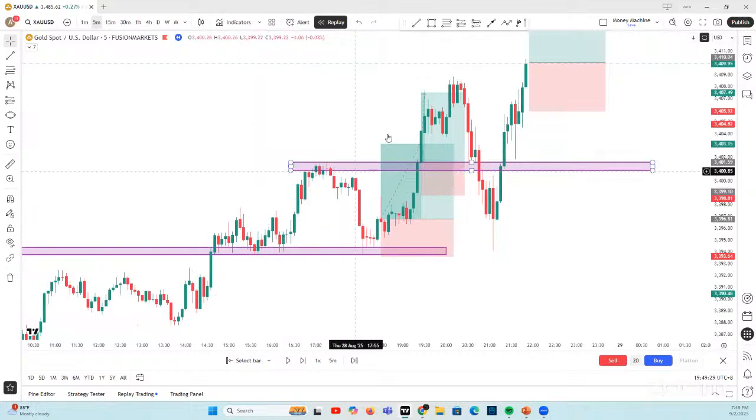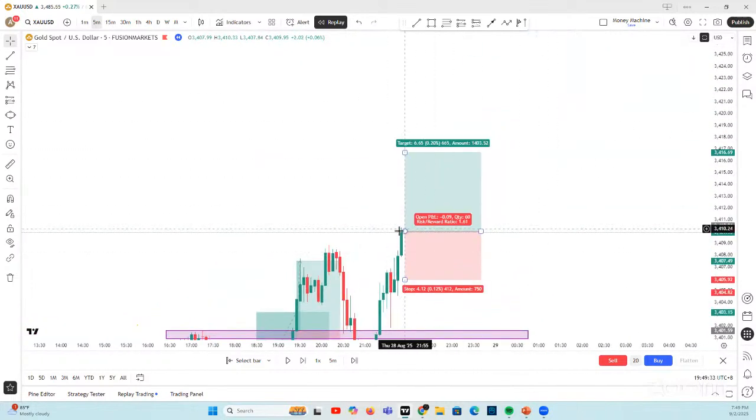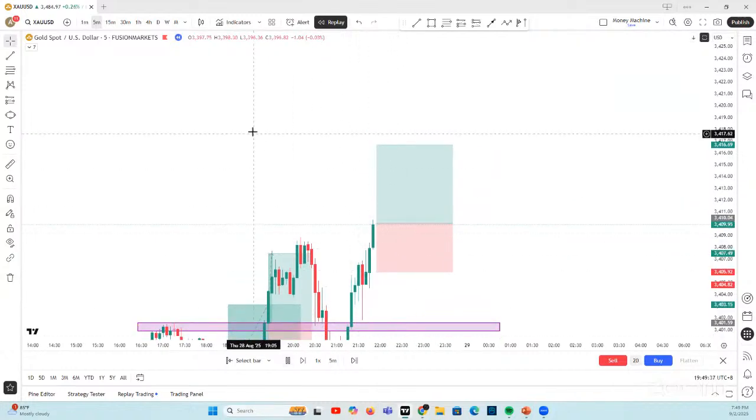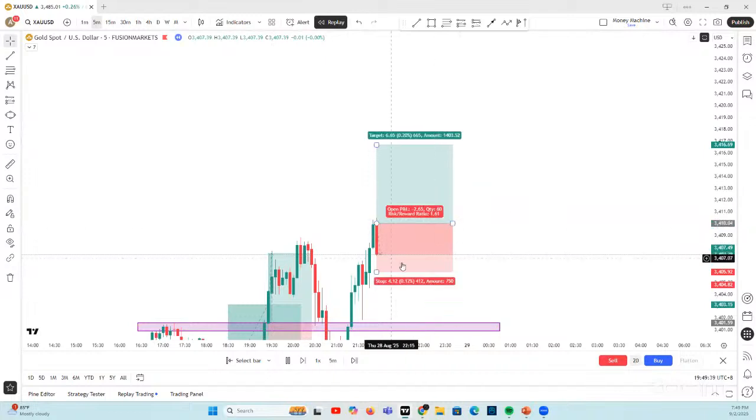We were already in an uptrend, so this is continuation. So 1 is to 2 is playing now. It will not hit your stop loss because we placed our 50 pip stop loss well.